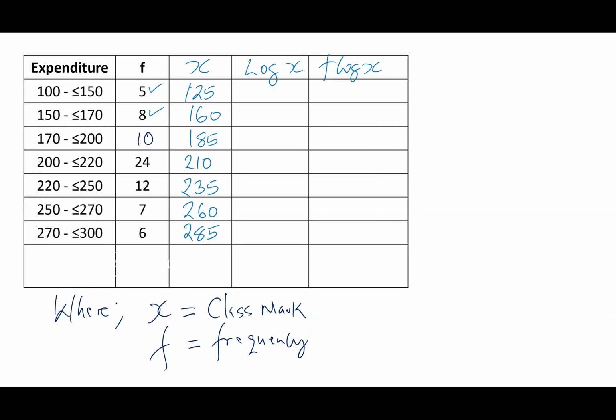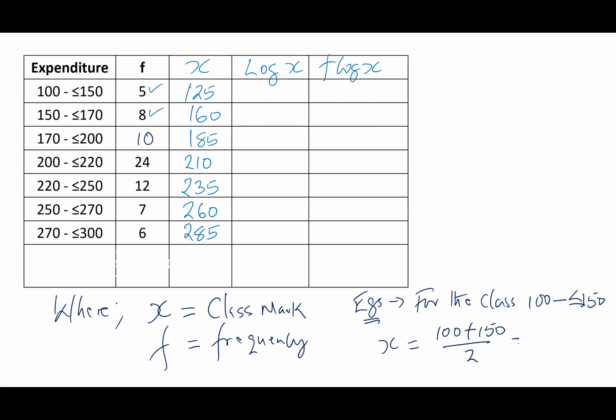So how do we get X? For example, as our colleague has mentioned, for the first class, 100 to 150, the X would be 100 plus 150 divided by 2, which gives us the 125 that we have right here.